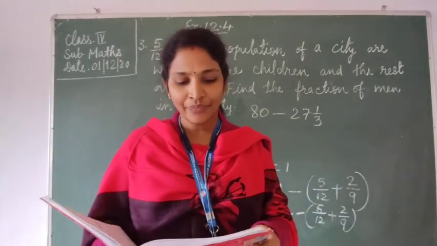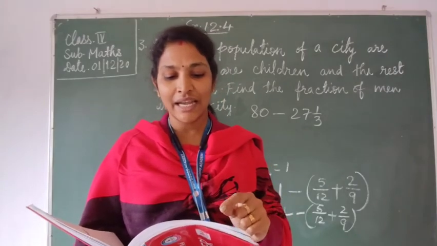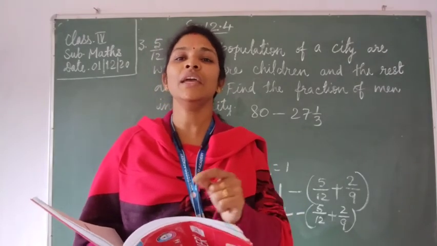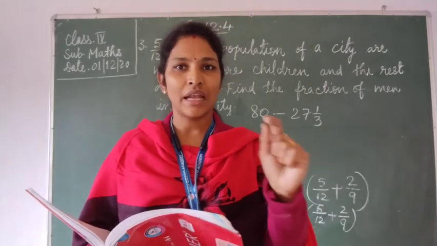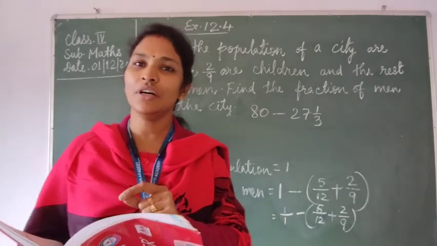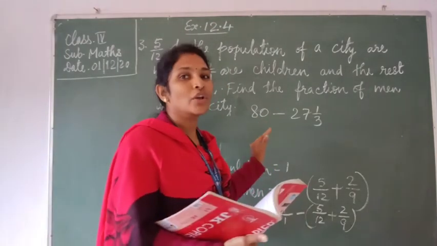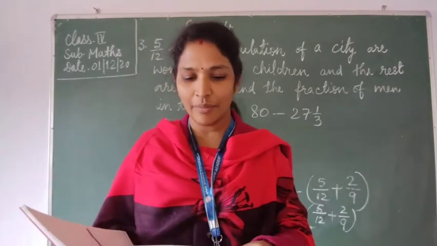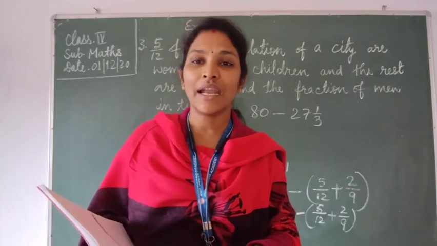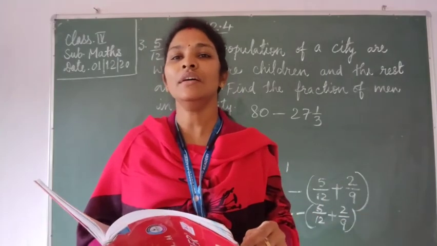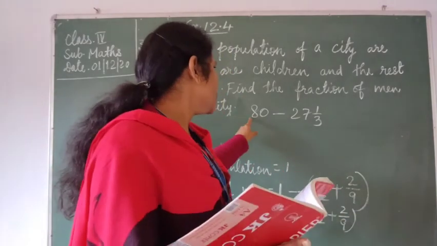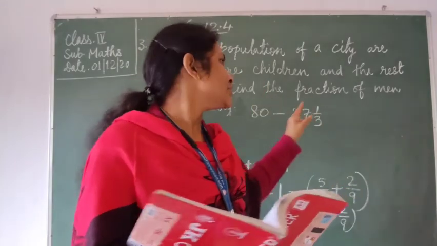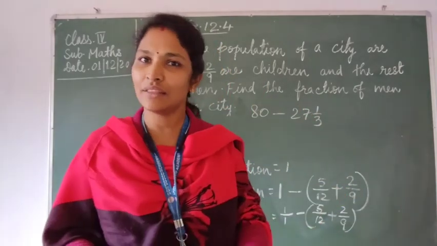It will be the length of the thread used from the reel. Now the final answer statement will be: length of the thread left in the reel is equal to 80 minus 27 1/3.